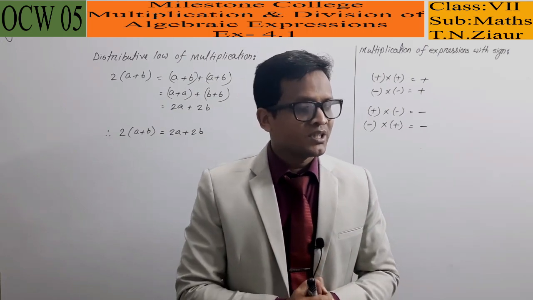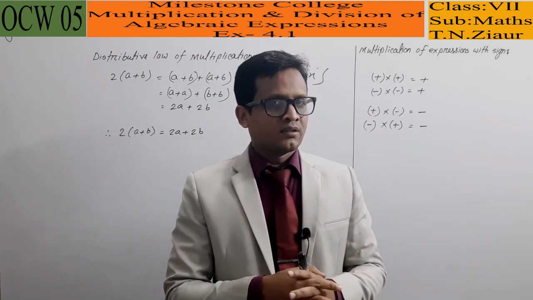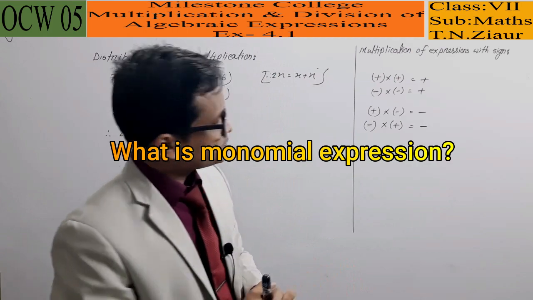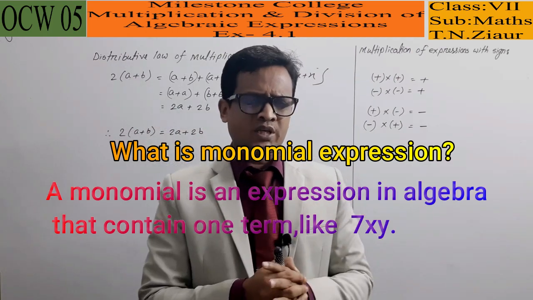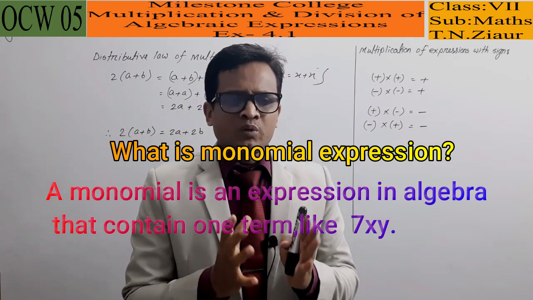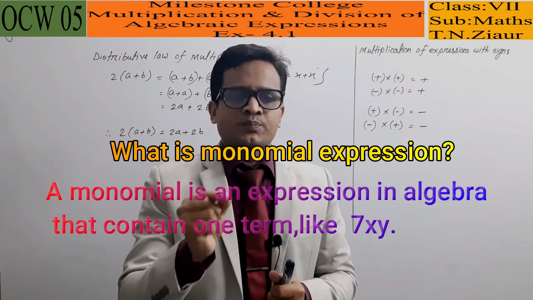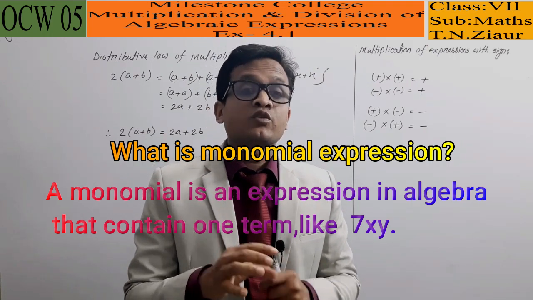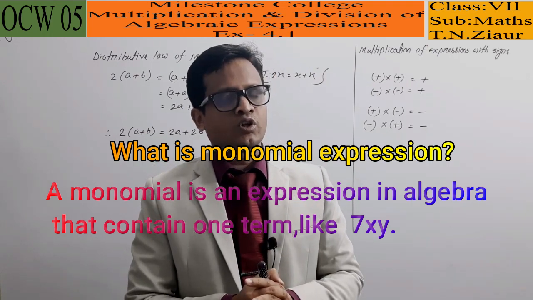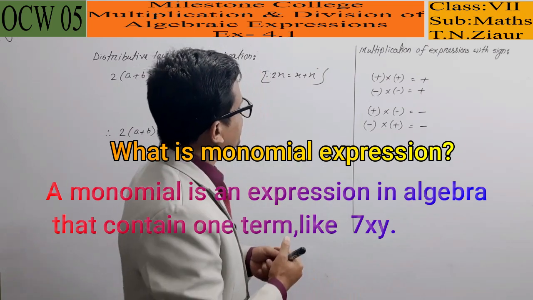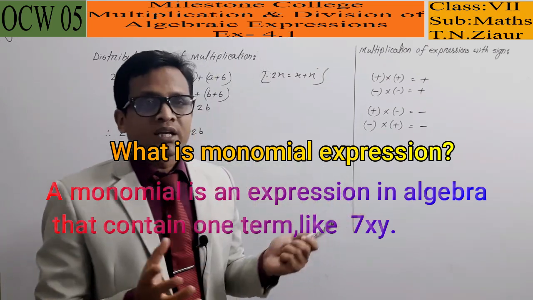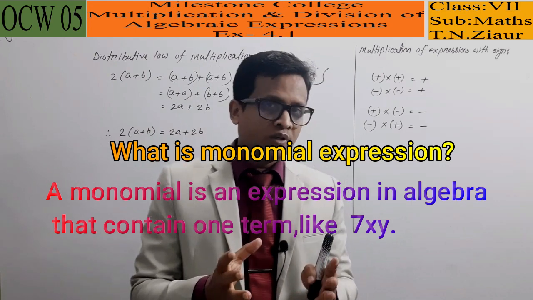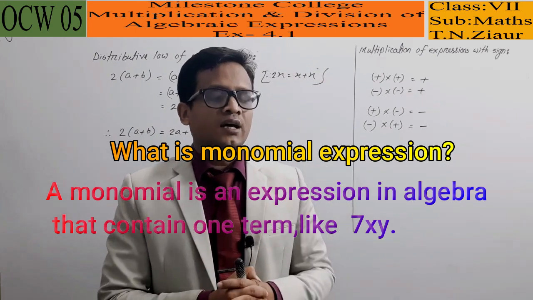Now, can you tell me what is a monomial? Yes, now I'm telling what is called a monomial expression. A monomial is an expression in algebra that contains one term. So monomial means, for example, 7xy or 2xy, only a single term.